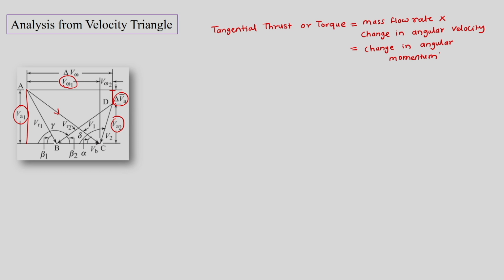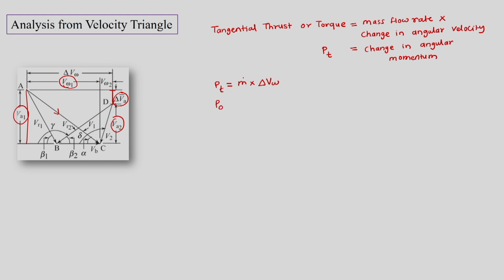So torque is actually the change in angular momentum, which is mass flow rate into change in angular velocity. We will denote it by Pt, which is tangential thrust or torque. So Pt is equal to mass flow rate m dot into delta Vw.